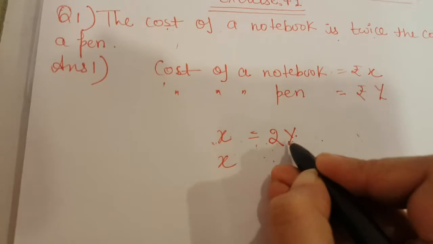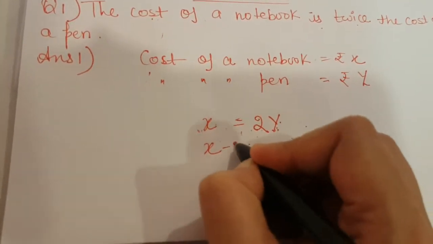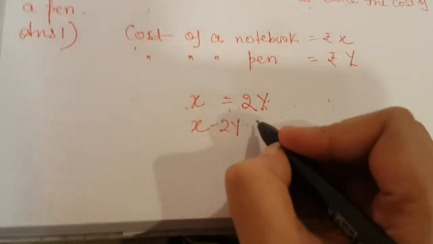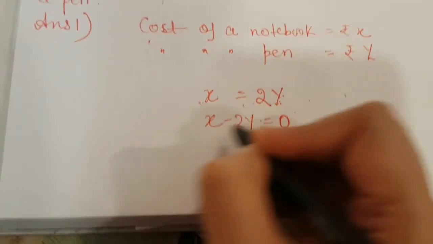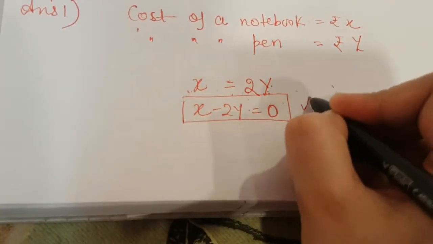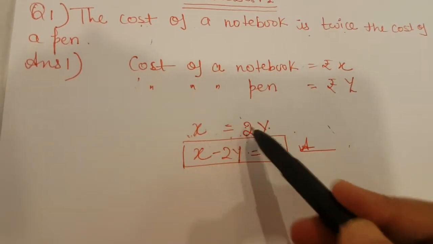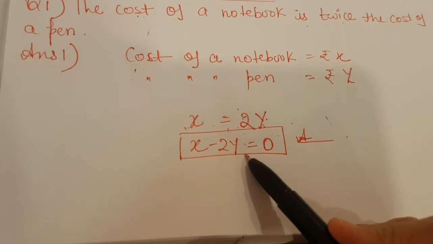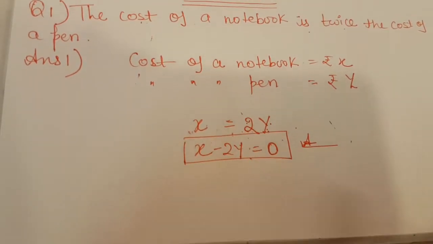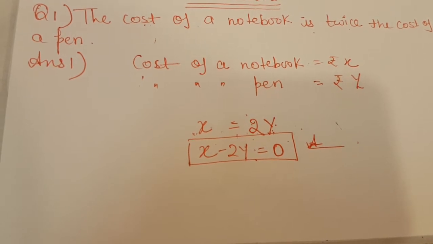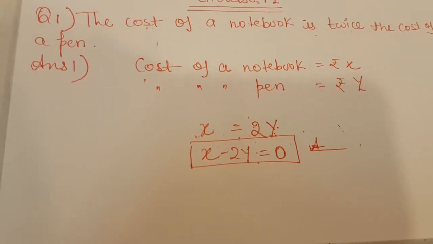So x will be here, we will shift this 2y to this side, so it will be minus, and the constant term is not there in this, so we will not write it, equal to 0. So this is your proper answer. This is also an answer and correct also, but this is the correct and proper answer. Fine. Is it clear how to form the linear equation in two variables in standard form? Yes.